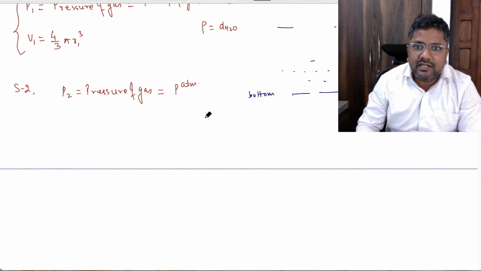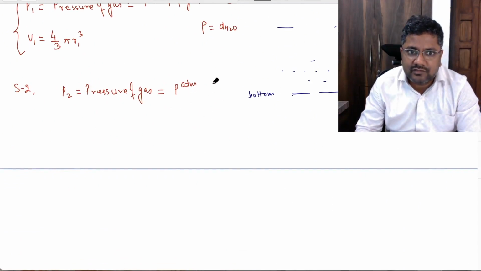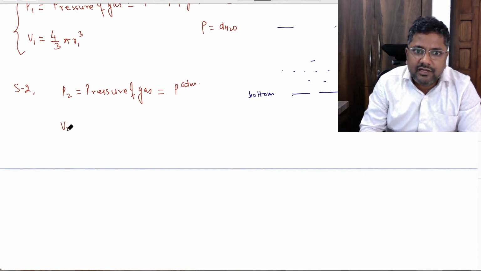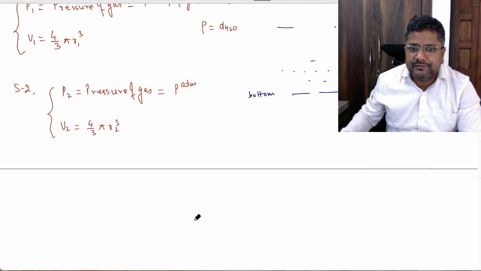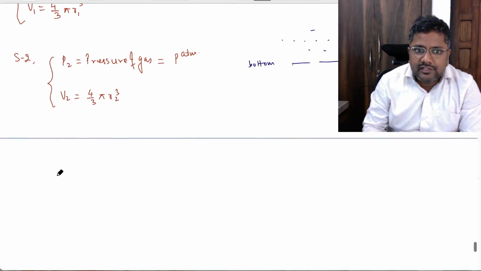So P2 is the pressure of gas, which is equal to the atmospheric pressure, 1 atm, and V2 is equal to 4 by 3 pi r2 cube. So this is the P2 V2. Now you can arrange.